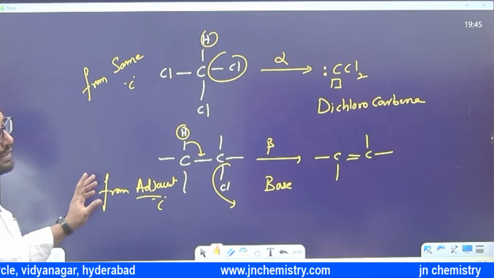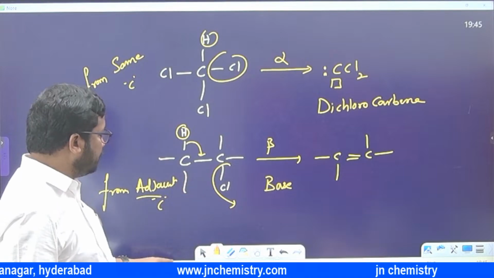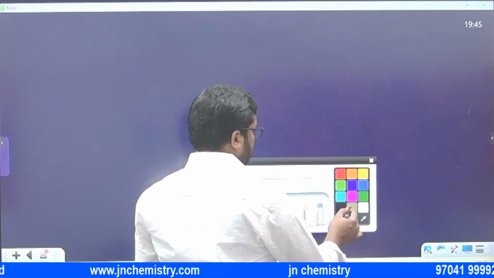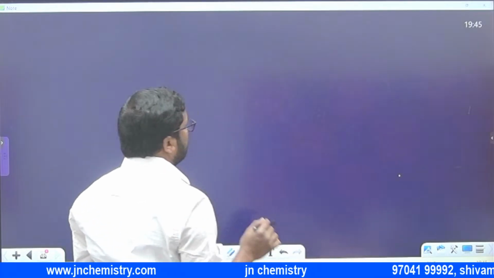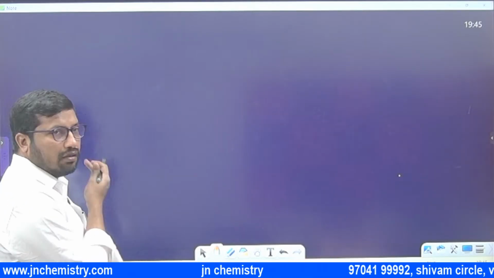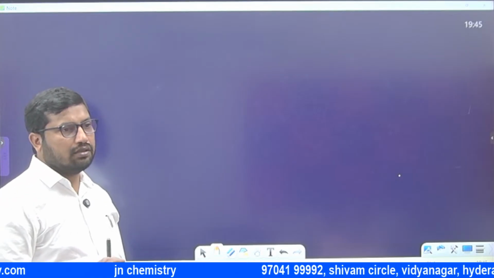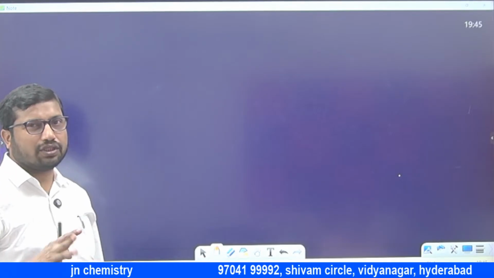So, I am not explaining alpha, beta and gamma right now. These are generally the types of reactions. Rearrangement reactions are not needed right now.